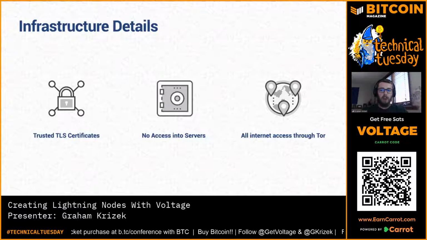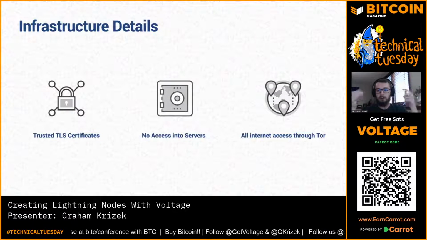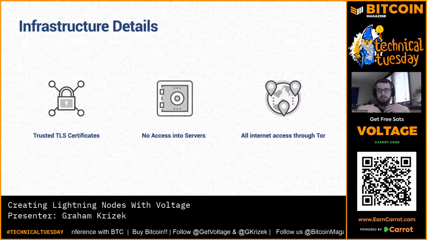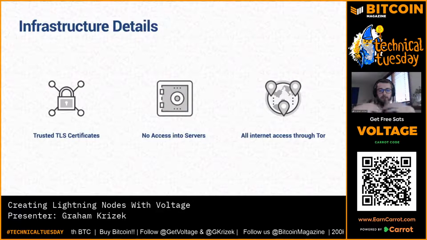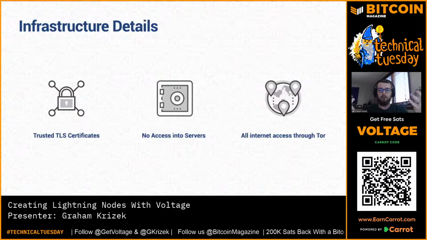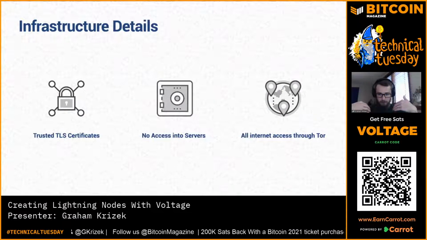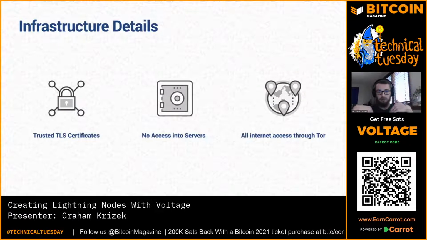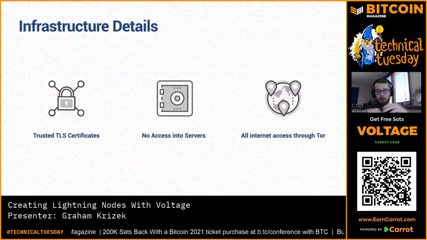So we never have access into your node. We can't see your wallet balances, your transactions, your peers, channels. None of that stuff we can see because we never have the ability to look at your macaroons. They're returned to you back into your device, which is usually your browser when you're creating it from our dashboard.